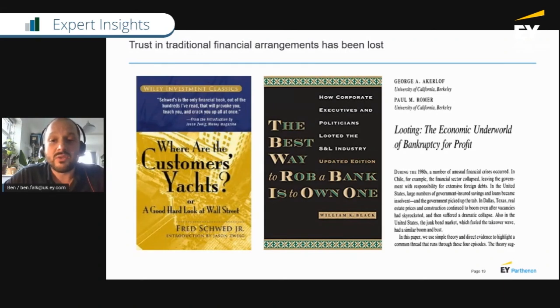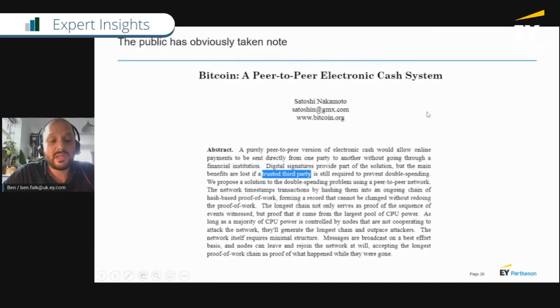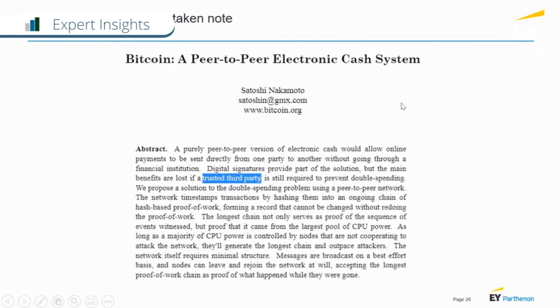In the middle there, you have former bank regulator Bill Black, who republished his classic book, The Best Way to Rob a Bank is to Own One, in 2014, after the 2008 financial crisis. And on the right, you have Looting, the Economic Underworld of Bankruptcy for Profit, by two Nobel Prize winners, originally published in 1993, and citations for which increase after every major financial downturn. And so the public has obviously taken note.